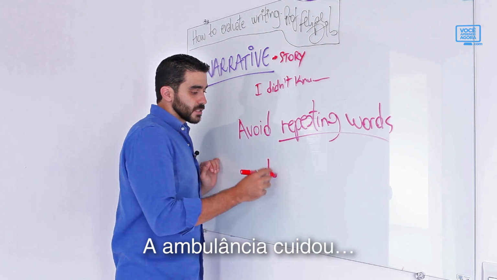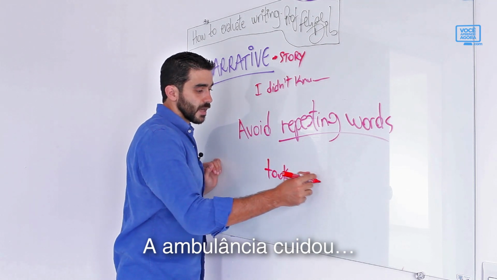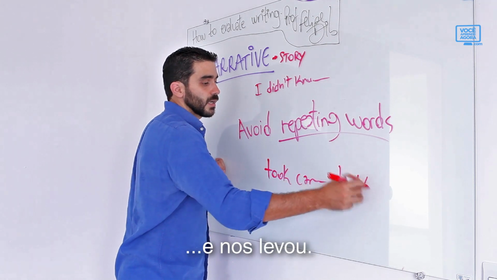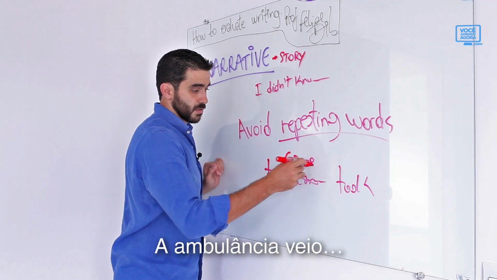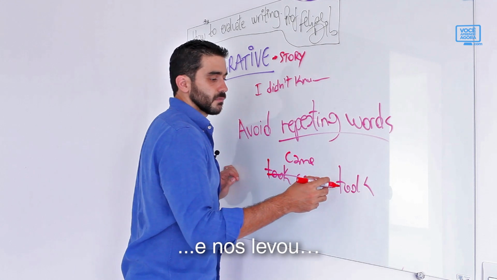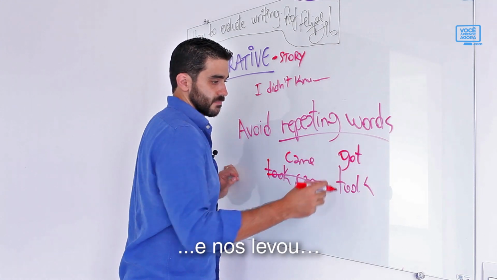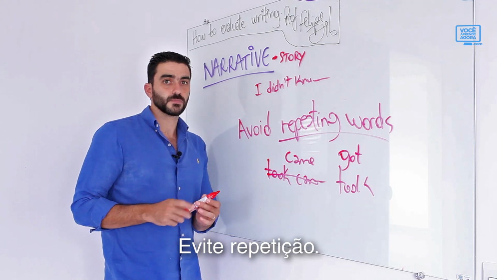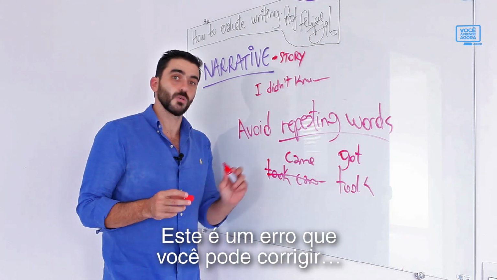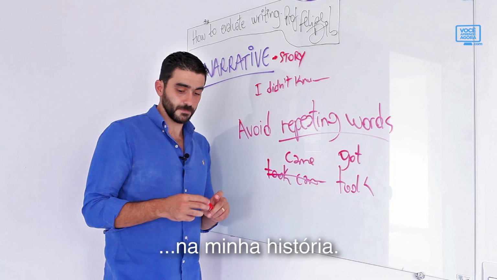Instead of "the ambulance took care and took us," say "the ambulance came and got us." Avoid repetition. This is one mistake you can correct in my story.